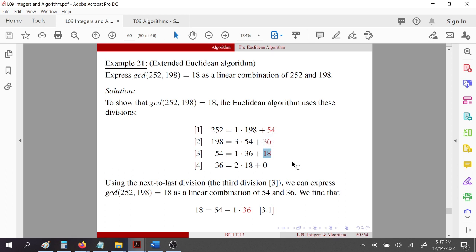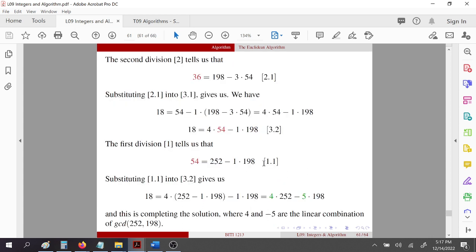Now it's time to find the linear combination. How to find it? Firstly, we need to do the planning. We need to come out with a new equation from this equation, such as 3.1, 2.1, 3.2, and 1.1.